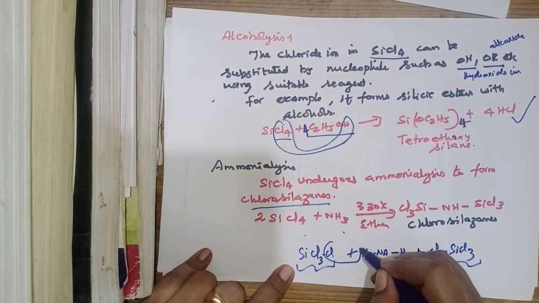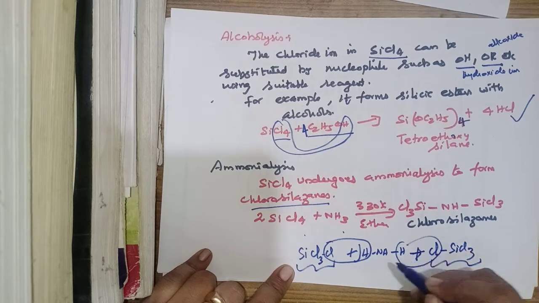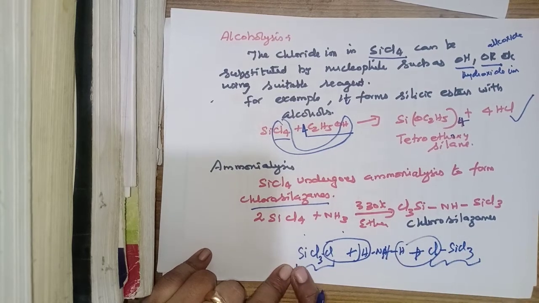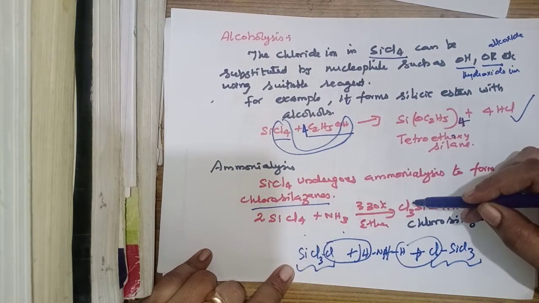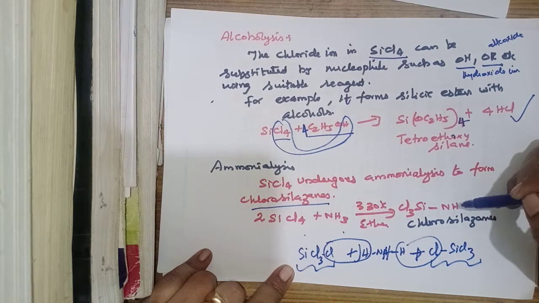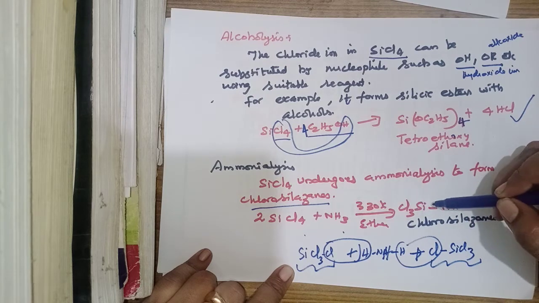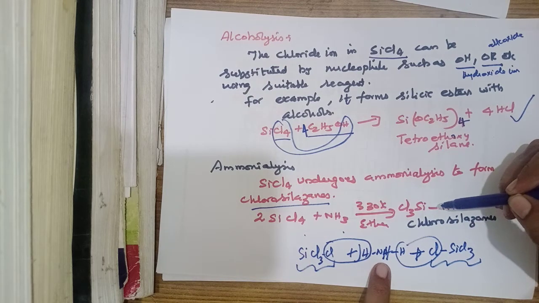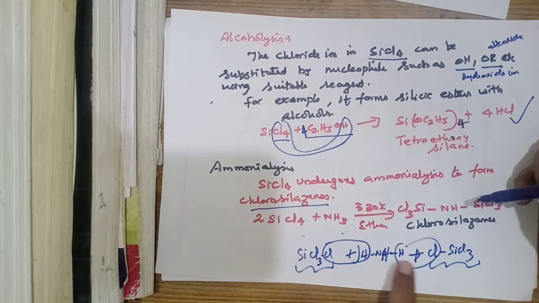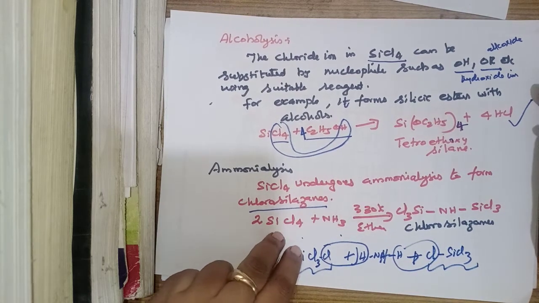Remove HCl, and here also remove HCl. Now it forms Cl3Si, with the link between Si and nitrogen, then Si. So write Cl3Si, center is NH, then SiCl3. That is chlorosilazane.